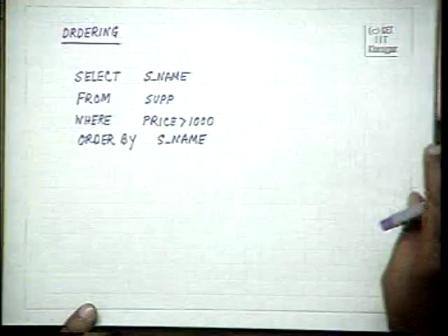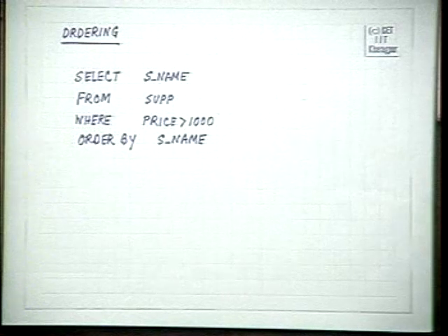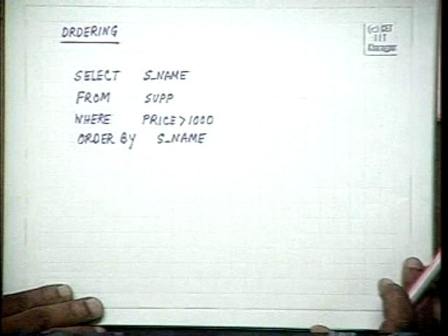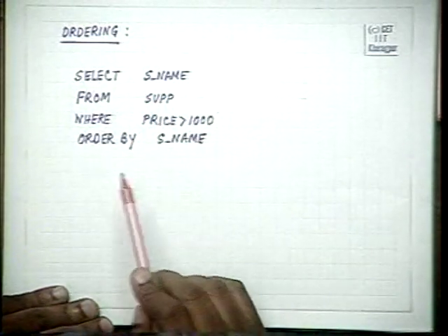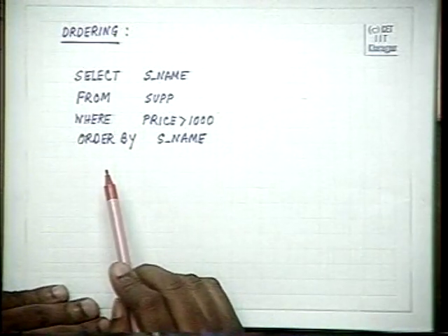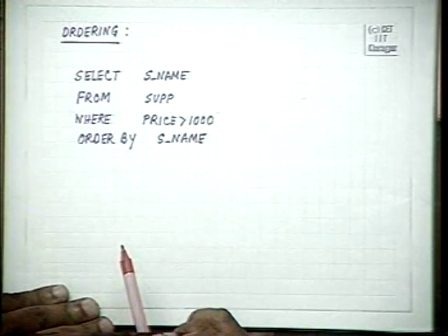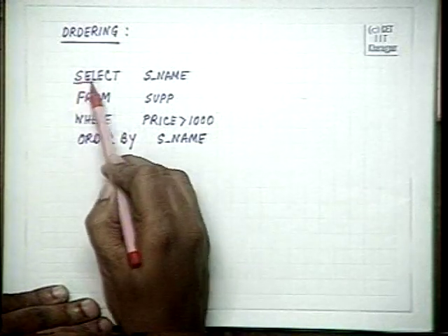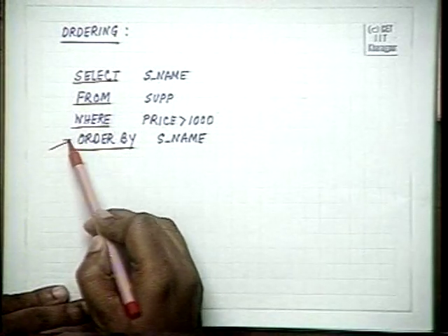So, first we come to the ordering functions, and let us take an example. The language SQL provides certain functions or certain statements which allow us to group and order the resultant relation in a particular way. Let us see this one, which contains the additional statement order by.